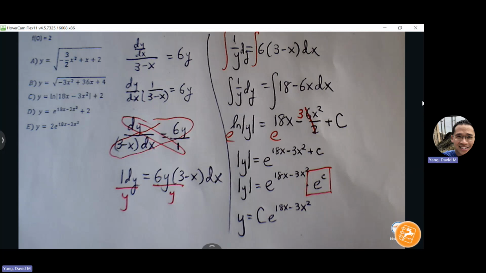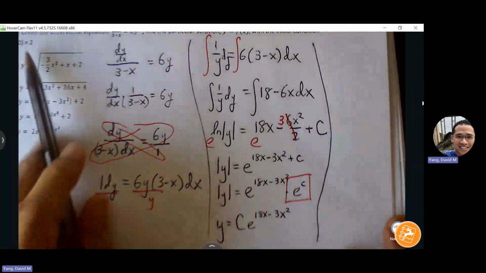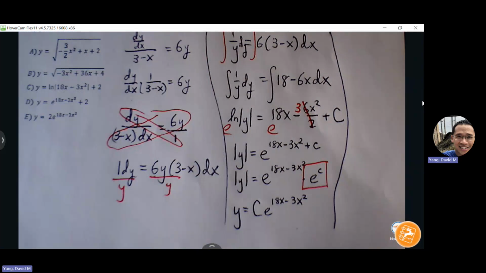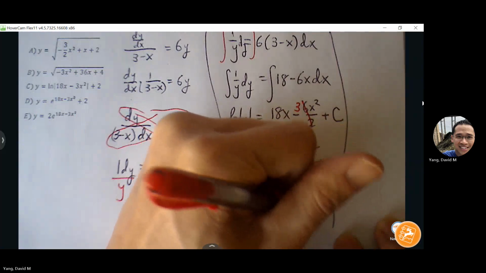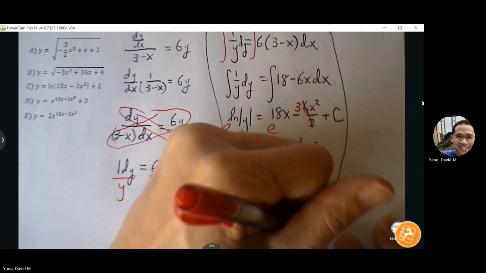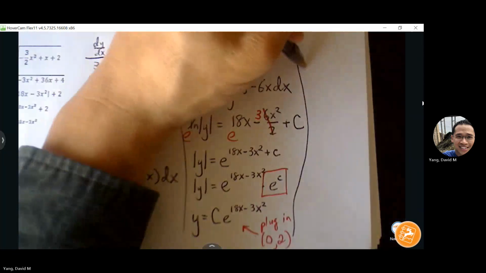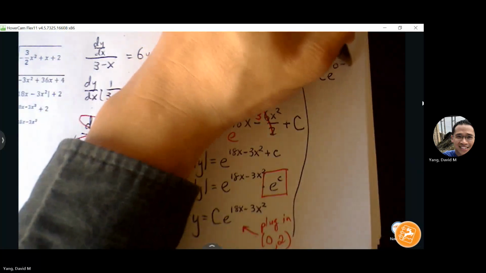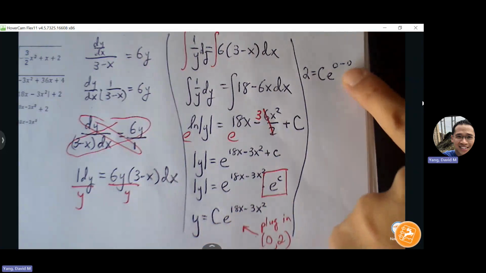Okay, we have one more thing left to do, and that's just do what? Solve for c. All right, so the ordered pair is given to us. 0 goes in for x, 2 goes in for y. The nice thing is that the 0 goes in for the x. It's going to wipe out those exponents here. E to the 0 is 1.